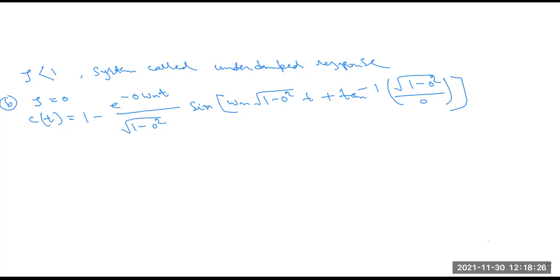And when zeta is equal to 1, the system is called critically damped. This is the critically damped function. Okay, just wait, I will draw the output curve. This is the response.